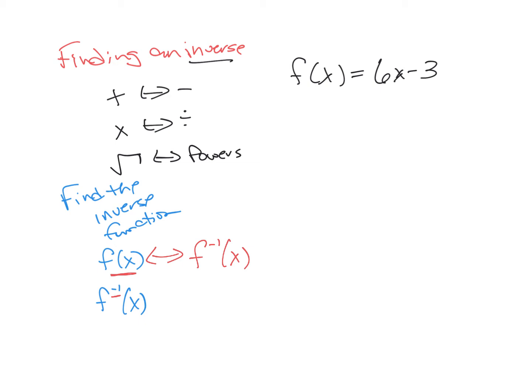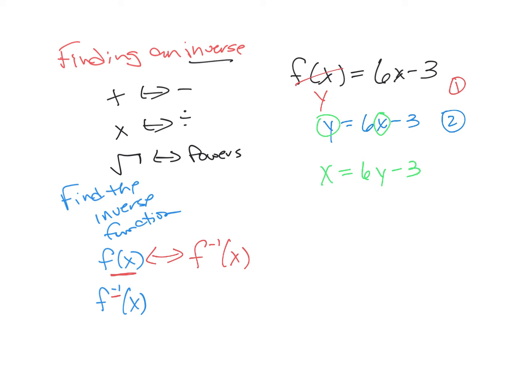Okay, so the first thing that we want to do is change our f of x to y. That's step 1. Then step 2, when I write this, y equals, I'll change colors. Step 2 is we are going to flip our x and our y. So it's going to become x equals 6y minus 3.